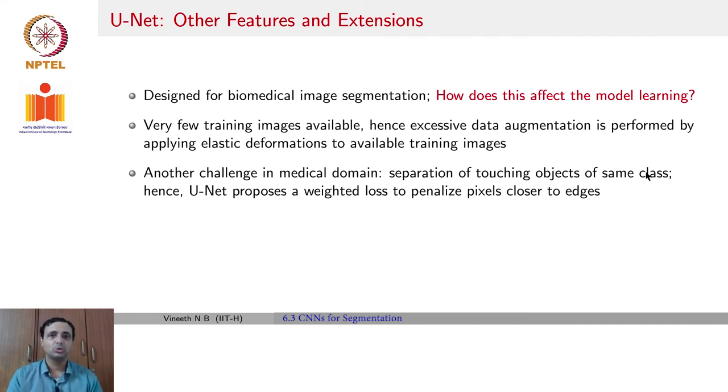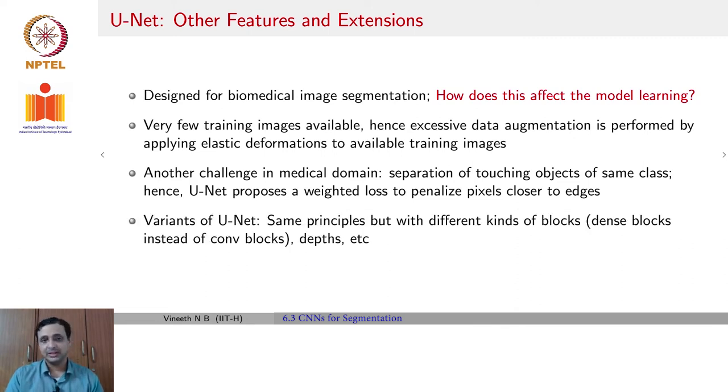So UNet also proposes a loss function which penalizes pixels closer to edges more than pixels away from edges. Edges are extremely critical for medical image segmentation. Over the years, there have been several variants of UNet, mostly by changing the architecture, by replacing the convolutional blocks with dense blocks and increasing the depth of the UNet, and so on.